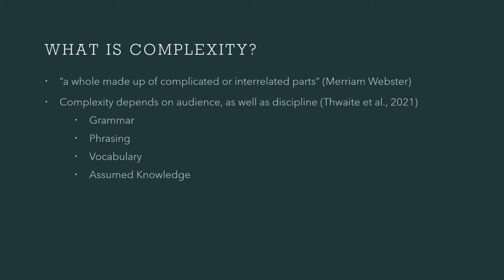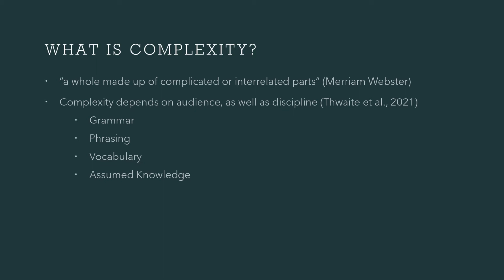But assumed knowledge applies more broadly, such as what do you think someone knows already before you start writing a paper? It can be something as simple as the concept of gravity. That type of assumed knowledge about your audience, what various authors assume that the reader knows, is part of what makes academic writing complex.